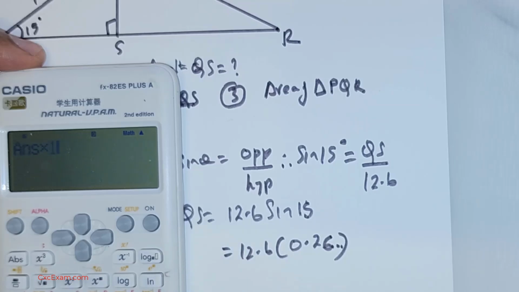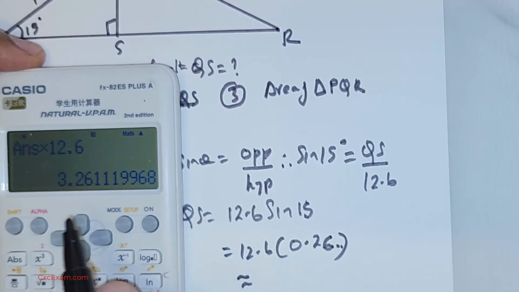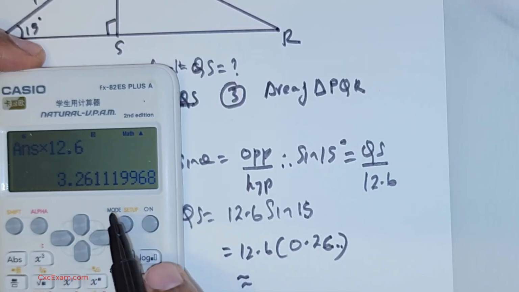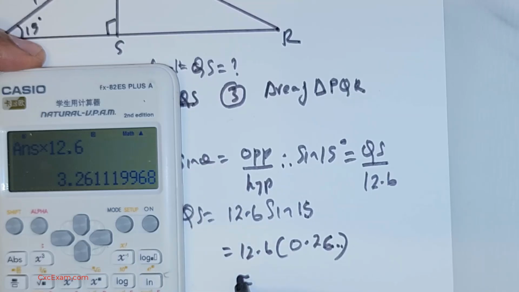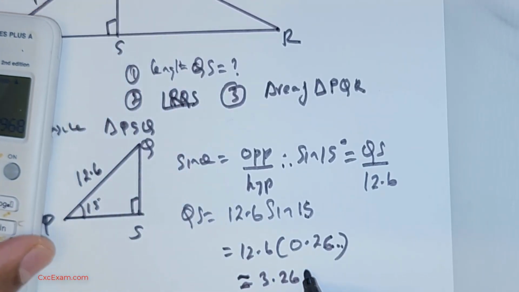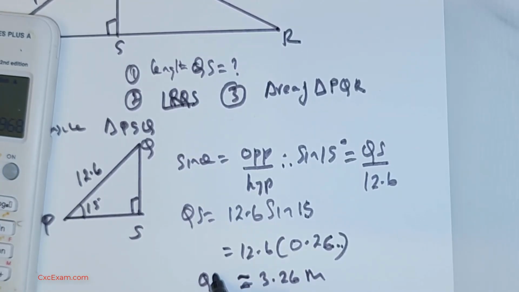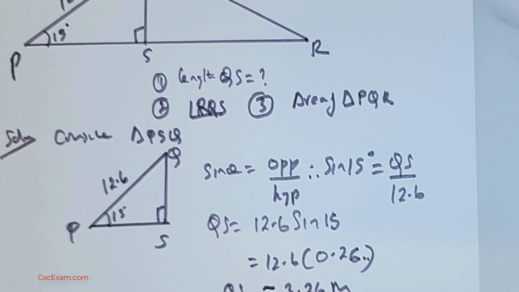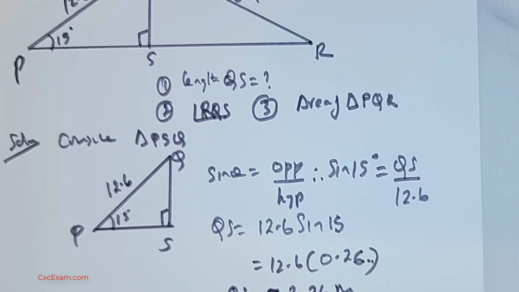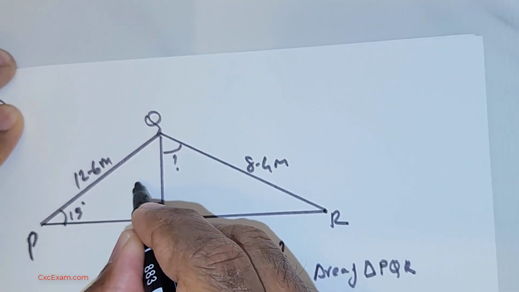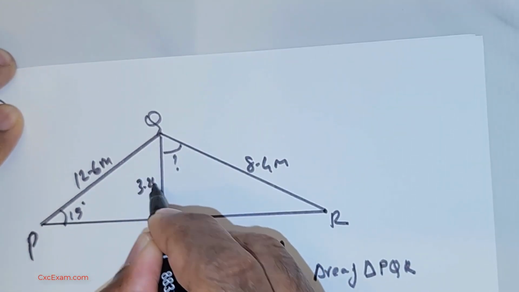So you just multiply 12.6 to that and then you round it. So this is approximately 3.26, and it goes on. So I'm going to take it as 3.26 m. So this is my QS. So QS is got, so let me write that down here, 3.26.